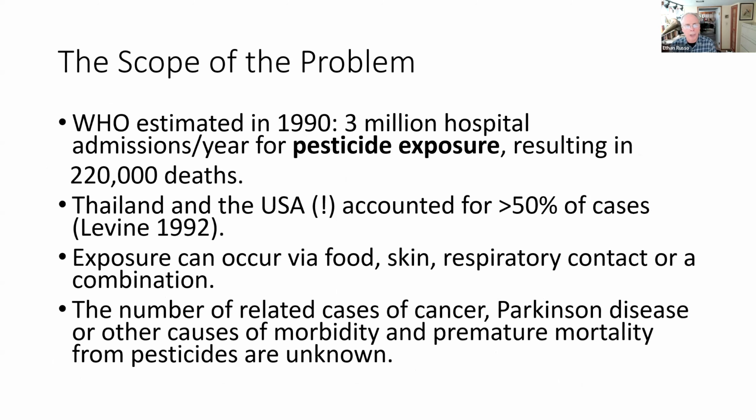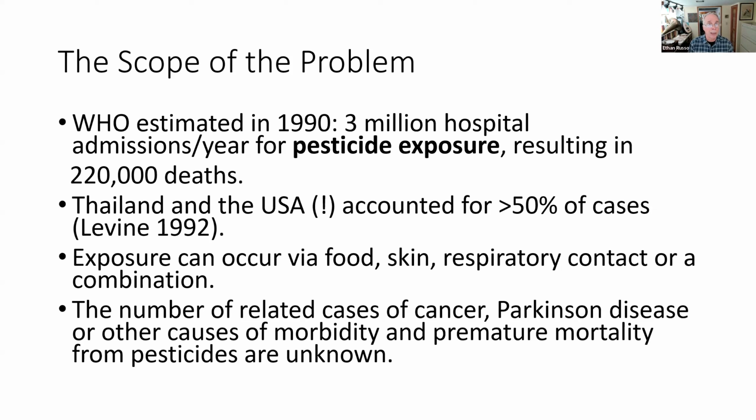The World Health Organization estimated in 1990 that there were 3 million hospital admissions a year for pesticide exposure, leading to 220,000 deaths. Now, these were concentrated in certain areas, USA being a culprit along with Thailand. So half the cases came from only 2 countries.